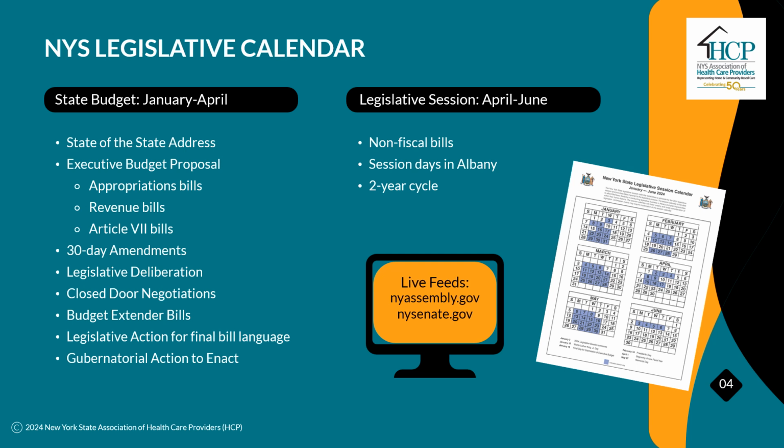The legislative calendar is front-loaded, and a delayed budget can shorten the session unless lawmakers extend their time in Albany. The final days of each session are often long, running into the late night or the very early hours. Both houses live stream committee, budget, and legislative activities on their websites.